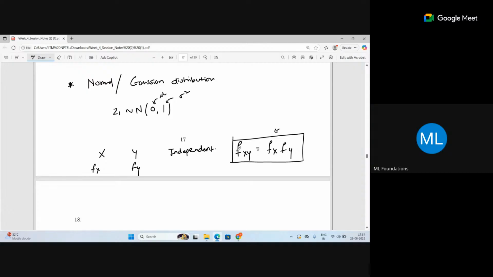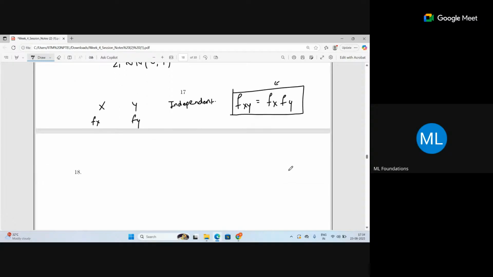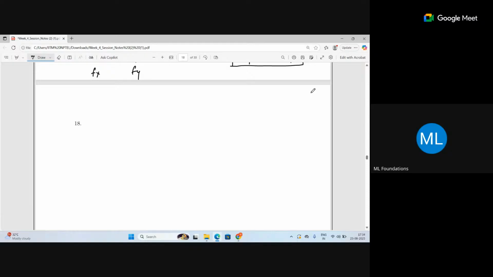Let us try to see that. We'll see the derivation, and while seeing it, we'll try to understand where we have used these concepts. Fine.